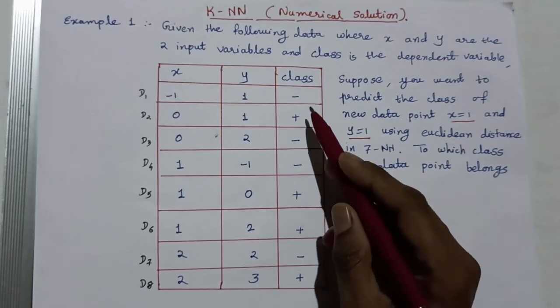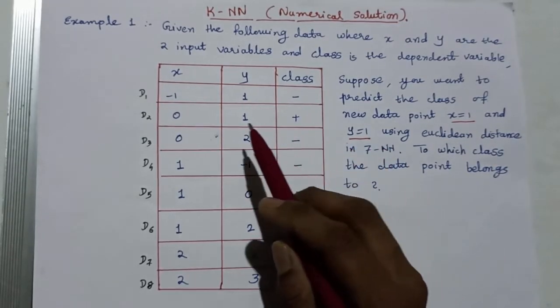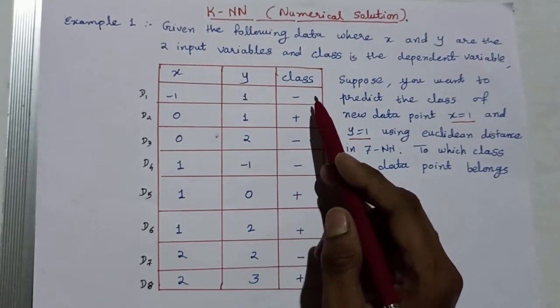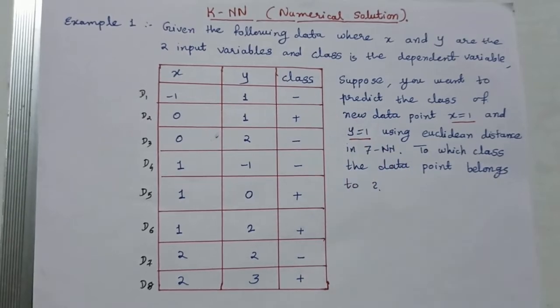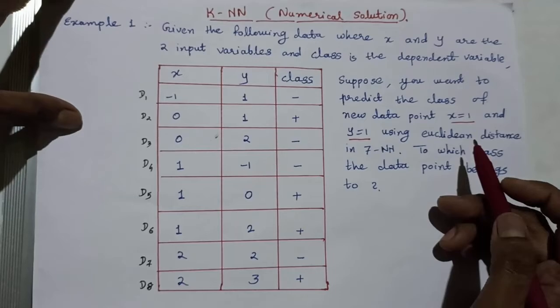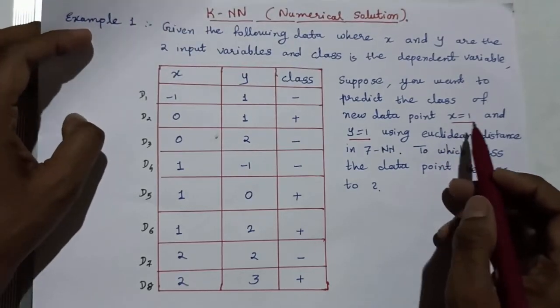And here there are two output classes, negative class and positive class. So the class is either positive or negative, and for this test data point x is equal to 1 and y is equal to 1, we have to predict the class.